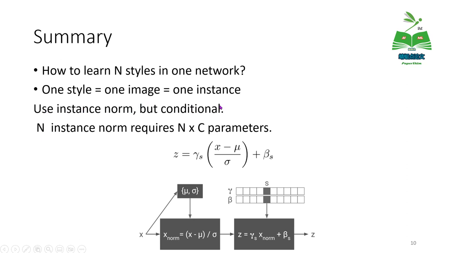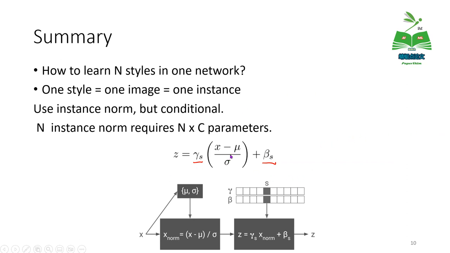For every single style, it has its own gamma and beta, the scale and bias of the instance normalization. Then n styles, namely n instance normalizations, will have n gammas and n betas. The number of parameters is n times c: one gamma has c parameters, and one beta also has c parameters.